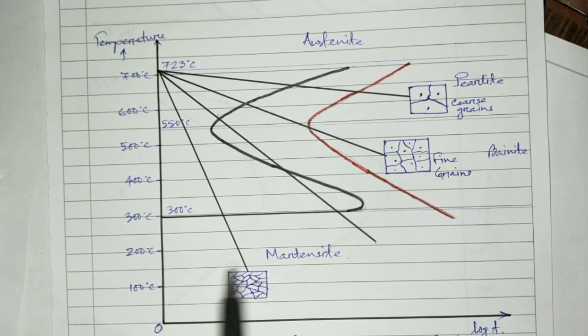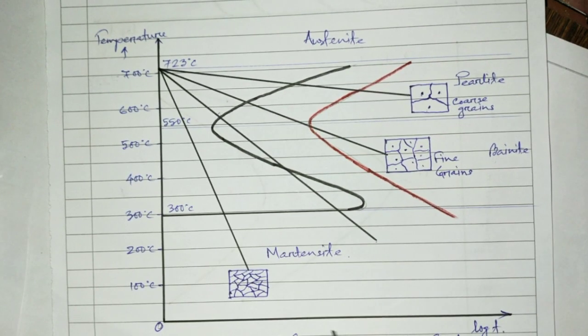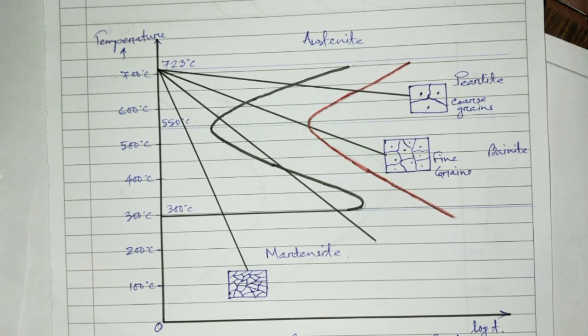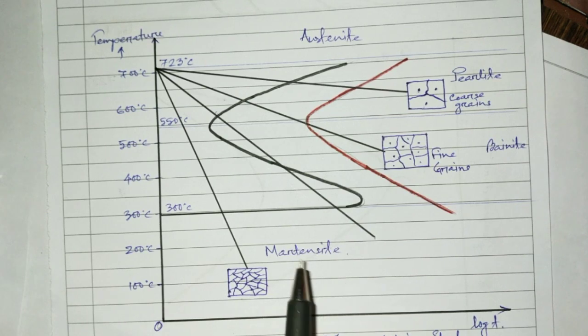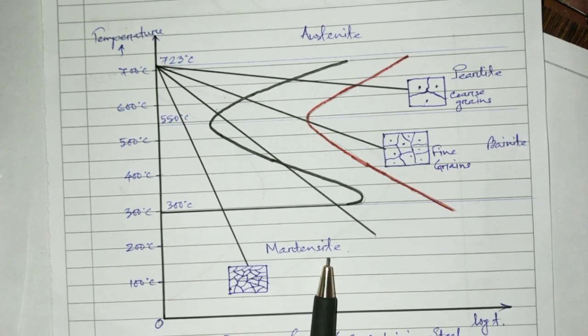If we consider martensite, there are much finer grains and a large number of nuclei are formed. Another thing, martensite is very hard, but at the same time it is very brittle.